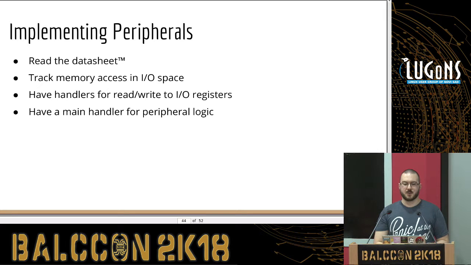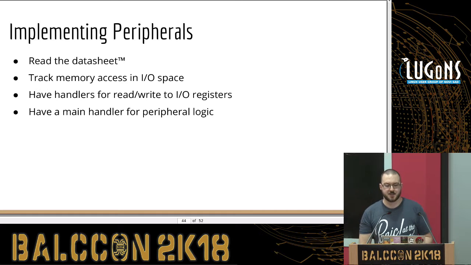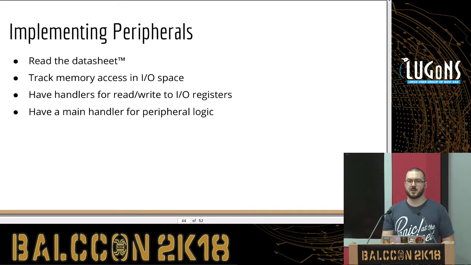So yeah, what would you need to implement peripherals in general? As I said, you would need to monitor how the communication is occurring. You will have to look it up in a data sheet. But on the emulator side, it's important to track the memory access, because if you don't track the memory access, you won't have any way to know if an I/O register has been accessed or not.